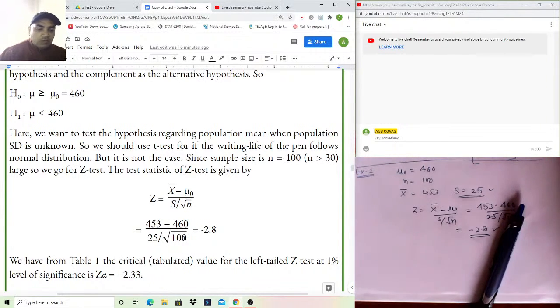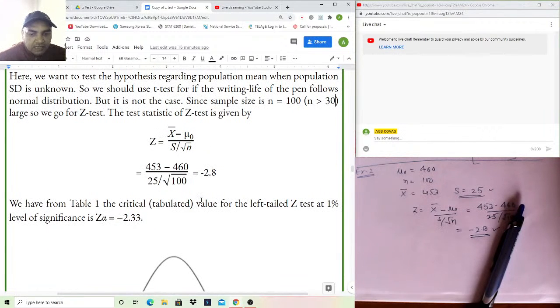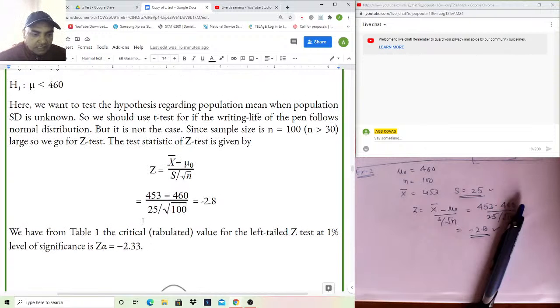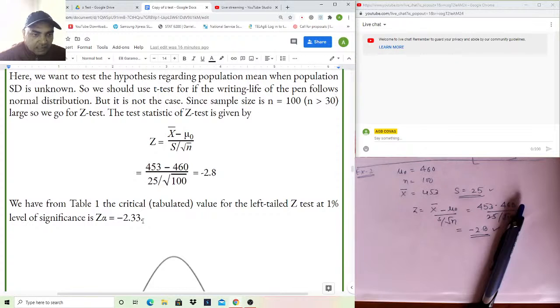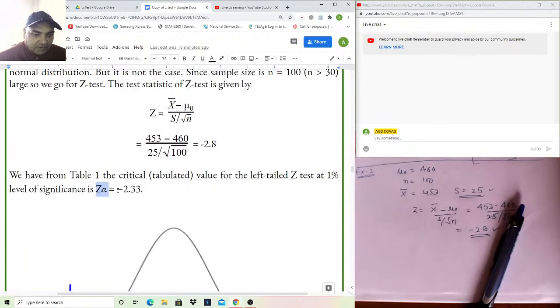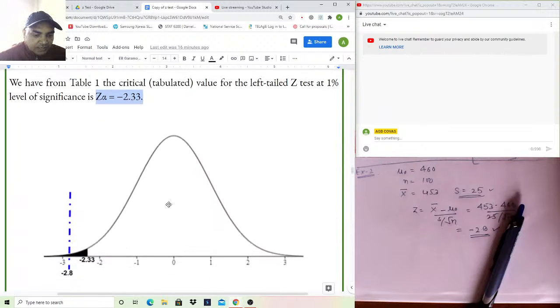Now at 1% level of significance, this is a left tail test, so your z alpha should be equal to minus 2.33.